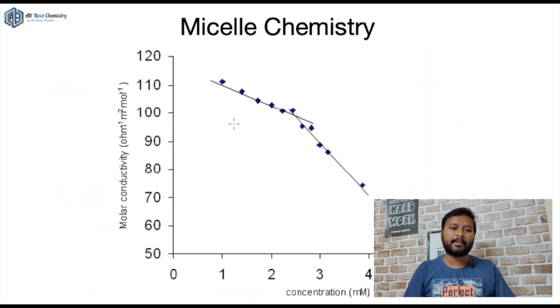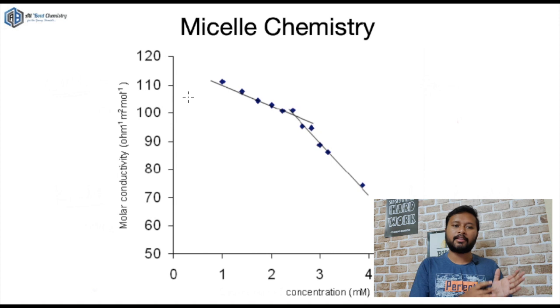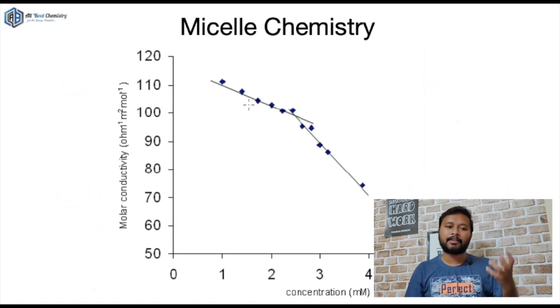So at a particular concentration there will be a decrease in this molar conductivity. In the conductivity you have seen an increase, but in molar conductivity there is a decrease. Why? Because molar conductivity means the amount of conductivity per mole. But when you are increasing the concentration, your molecules are not available for conductivity.